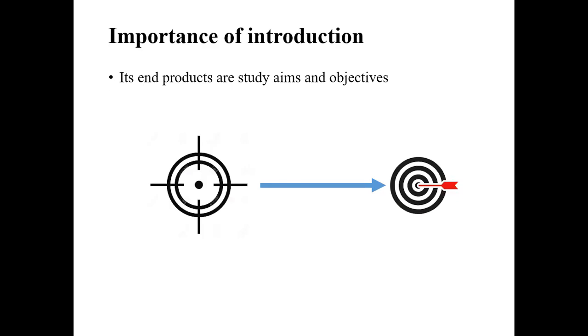So at the end of an introduction, what normally happens is there are aims and objectives. It usually ends with these, and an aim is a broad aspect of what you are trying to do.